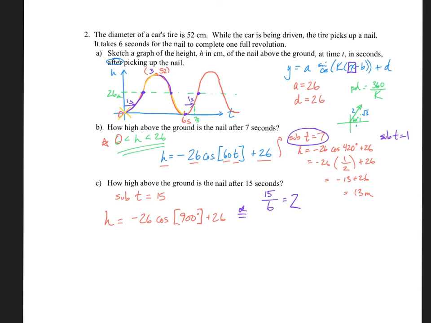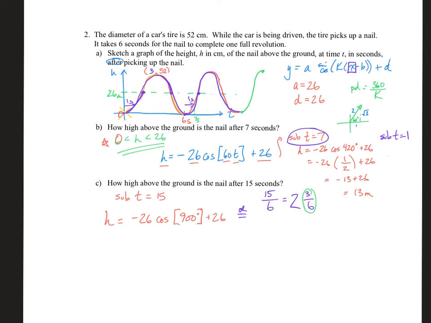What that's telling me is that I have 2 full rotations. And then what I would have left over is 3 out of 6. Now I'd like you to notice I didn't even reduce the 3 over 6 because I don't really want to reduce it. That 3 over 6 tells me that I have to go 3 seconds into the next rotation, 3 out of the 6 seconds.